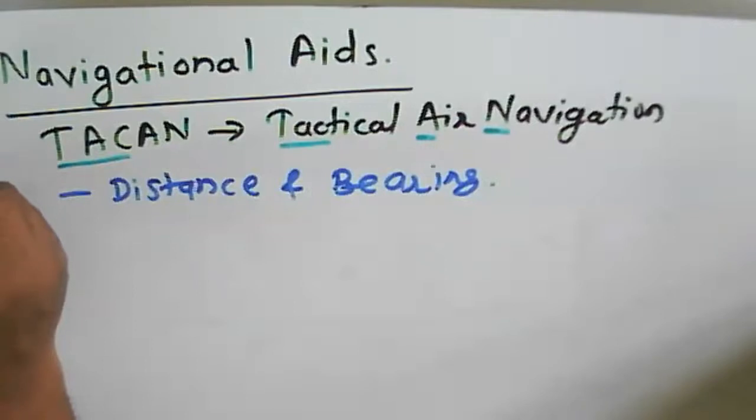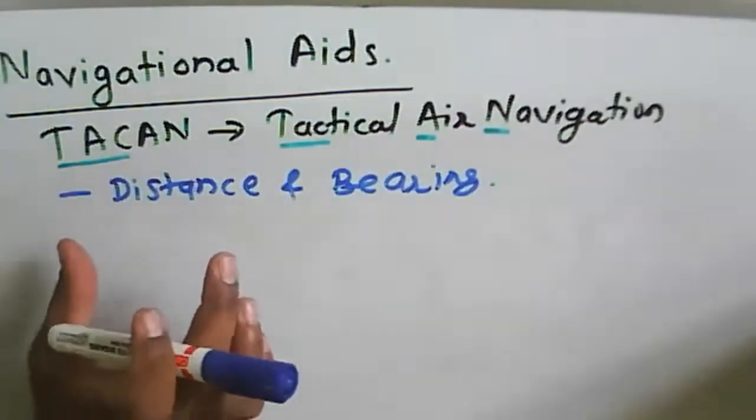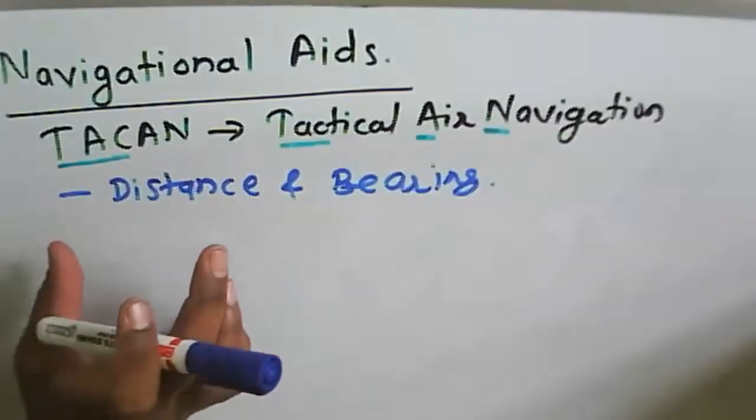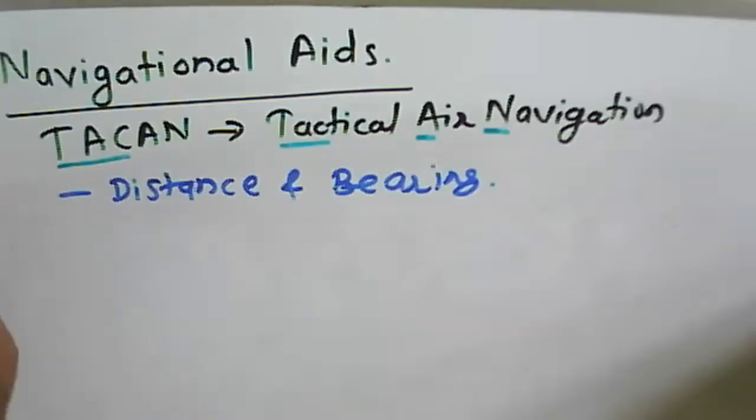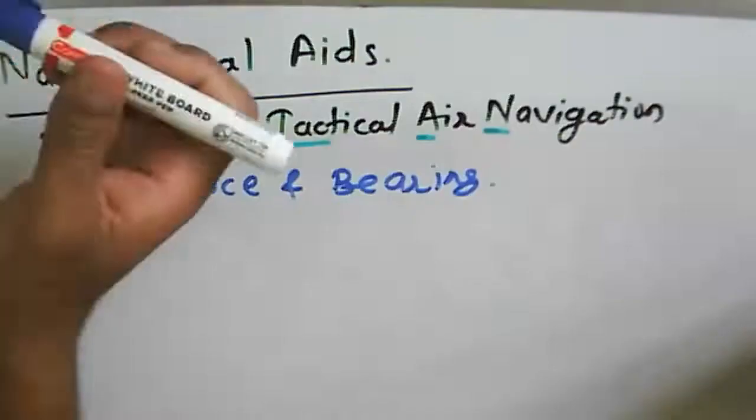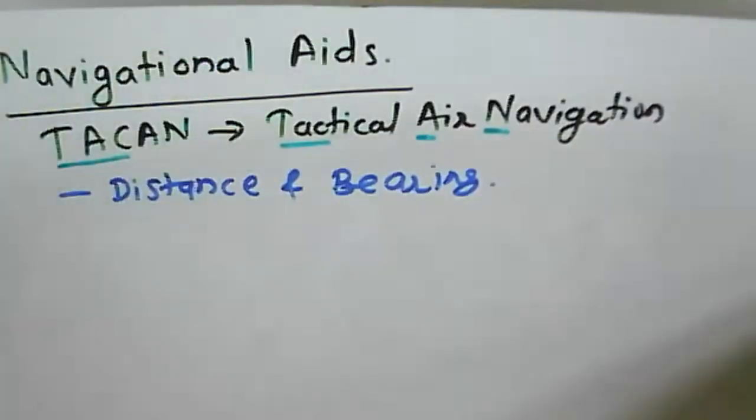But this TACAN is more accurate as compared to the VOR and DME. It uses a two frequency principle, because we have seen earlier that a VOR uses two signals.